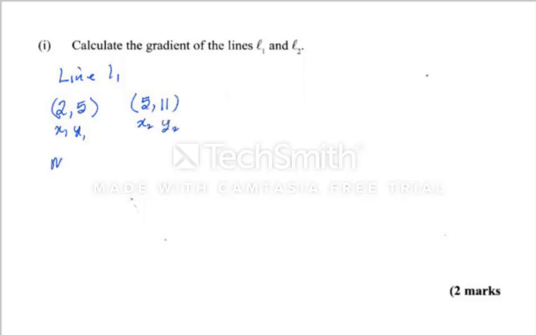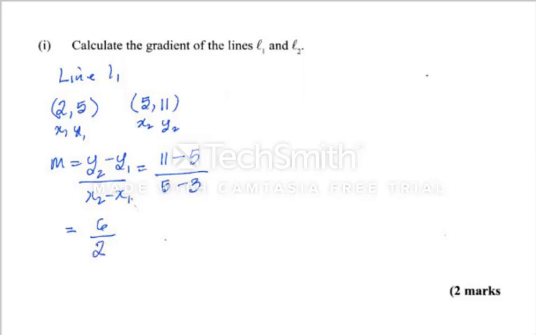The gradient m is equal to y2 minus y1 over x2 minus x1. So this becomes y2, which is 11, minus y1, which is 5, over x2, which is 5, minus x1, which is 3.